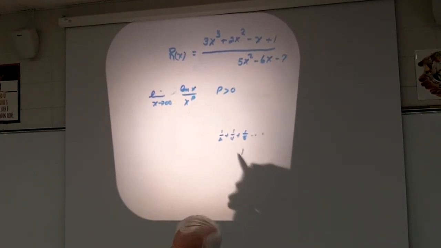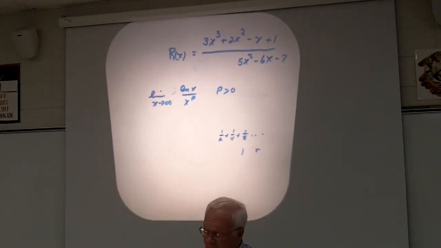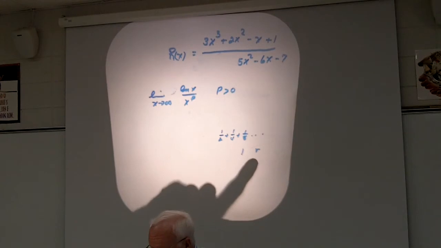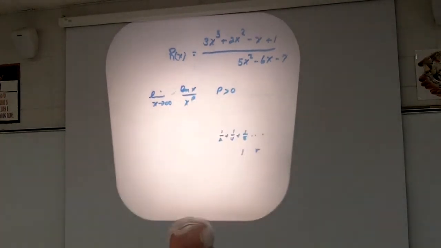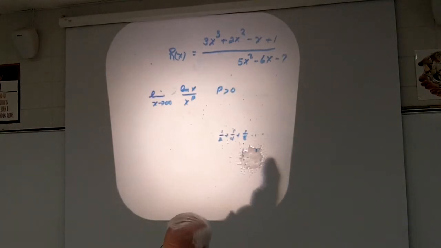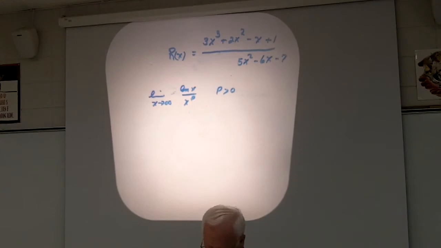And the ratio had to be between positive and negative 1. Had to be a fraction between positive and negative 1. Any questions about that? Then it was converging, okay? And in that case, we have to find out sometimes if things are converging, and therefore we're going to use this to see if it's going to go to 0, or if it's going to blow up on us, okay?